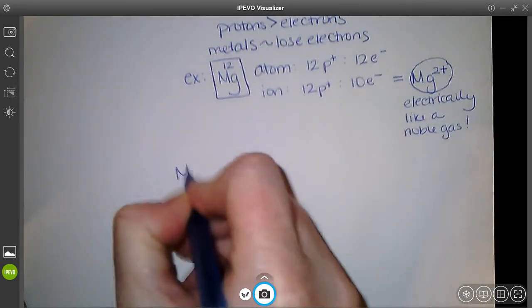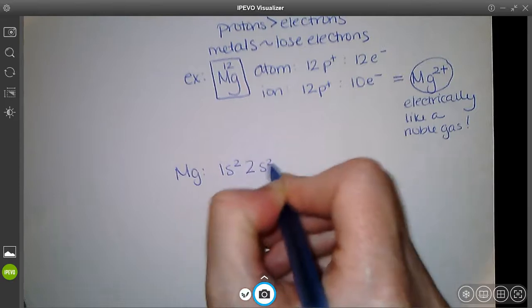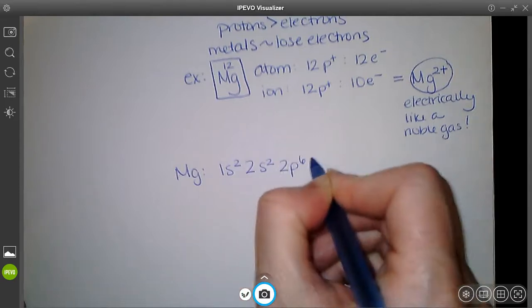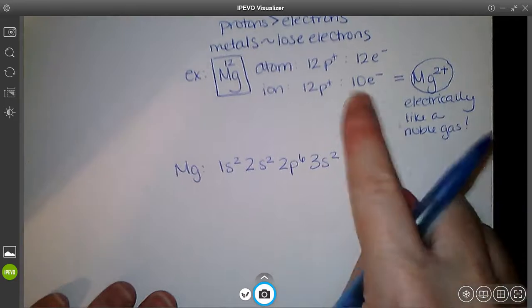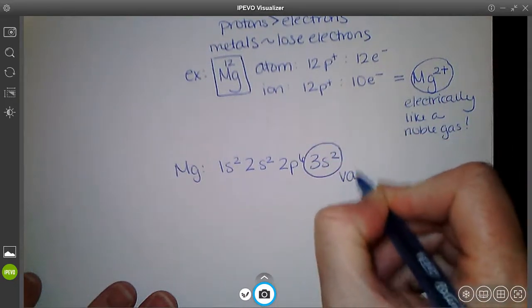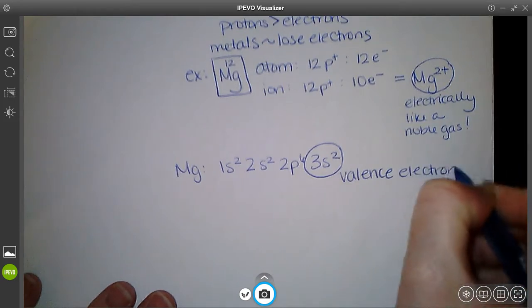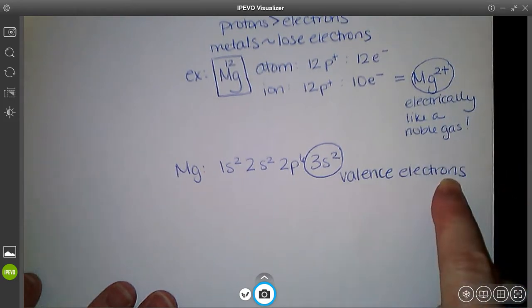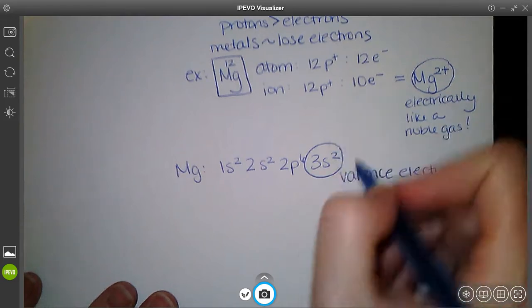Magnesium, the atom, is 1s2, 2s2, 2p6, 3s2. When it loses those 2 electrons, it always loses valence electrons. Valence electrons are the highest energy level electrons.